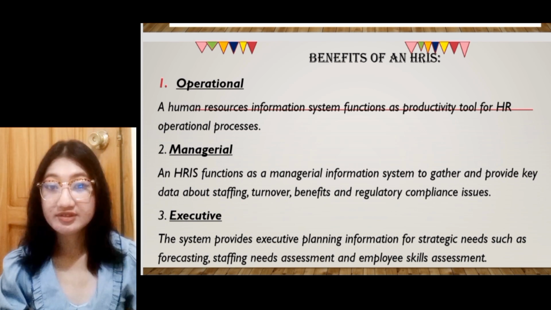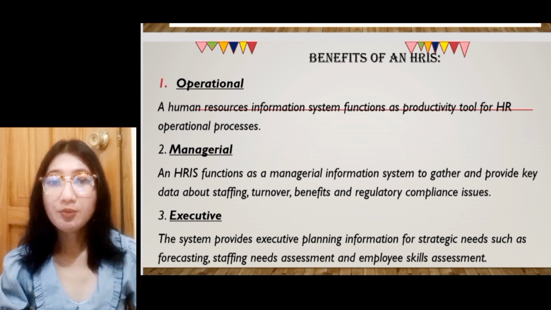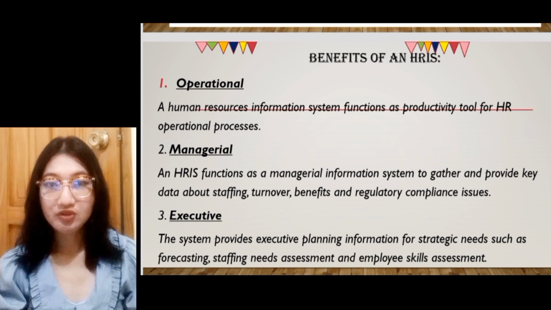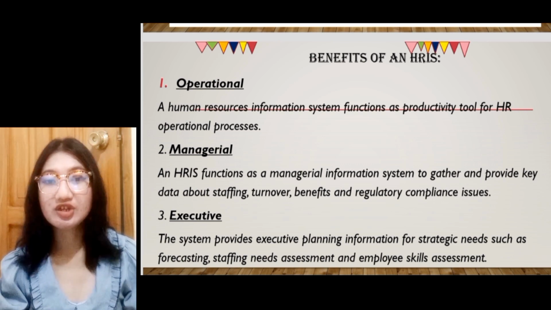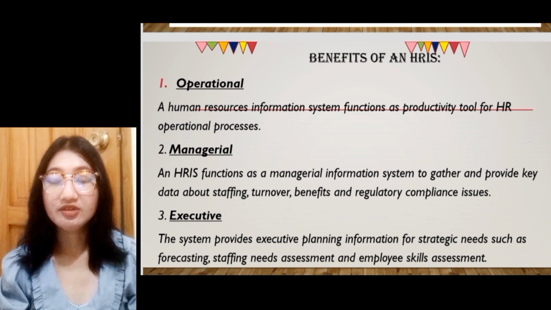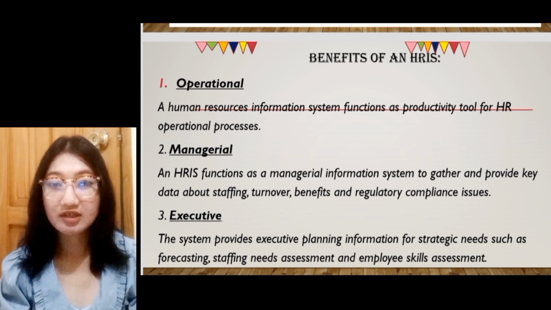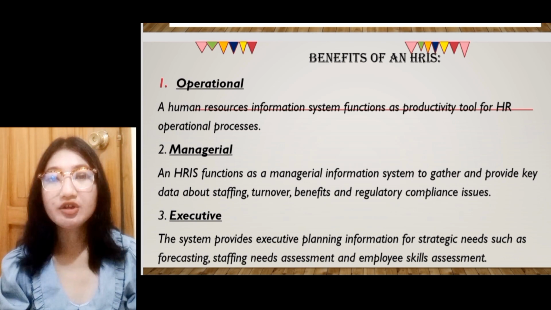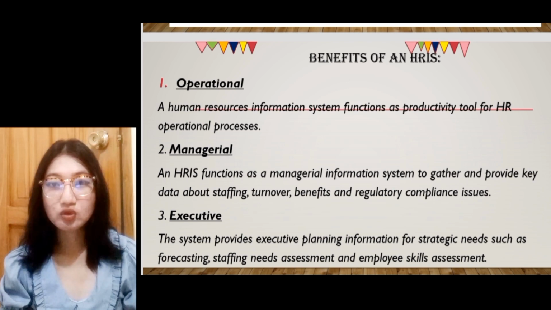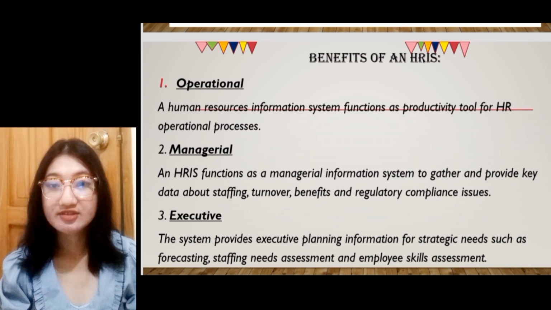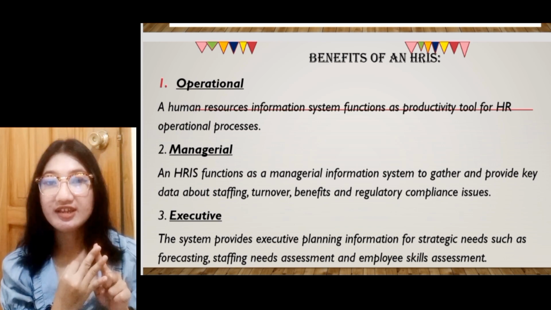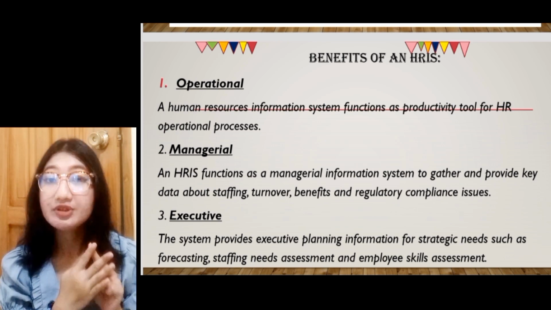So this explains that operational HRIS systems collect and report human resource data such as employee records, position details, and performance appraisal information. They are used to help provide HR managers with the data they need to perform tasks such as performance management, promotions, hiring, and internal personnel changes.